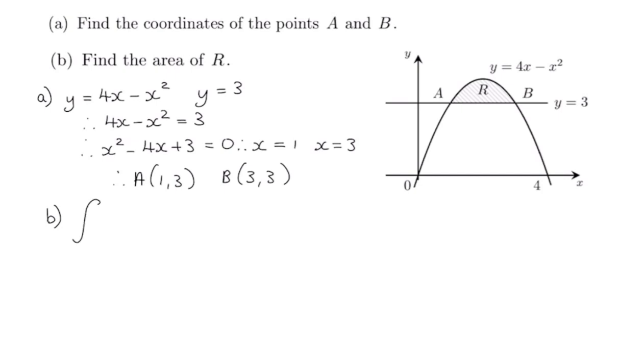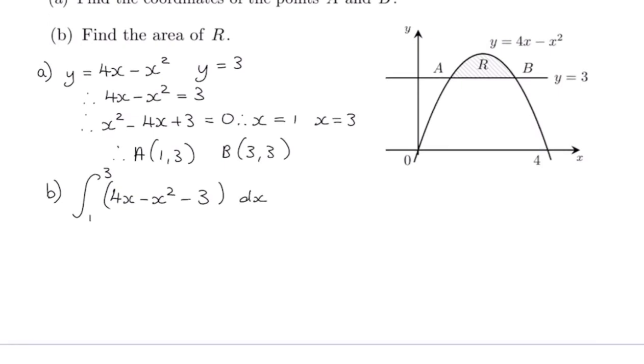So it's the integral between 1 and 3, and it's the curve, which is 4x minus x squared, and then minus 3 because that's y equals 3. I'm going to integrate that. So if we integrate 4x, we get 2x squared, minus a third x cubed, minus 3x.